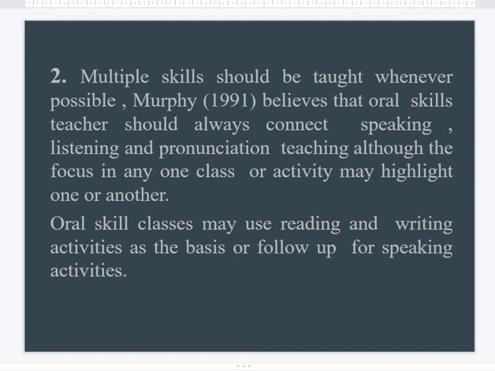According to Murphy, oral skills teachers should always connect speaking, listening, and pronunciation teaching, although the focus in any one class or activity may highlight one or another. Oral skill classes may use reading and writing activities as the basis or follow-up for speaking activities.